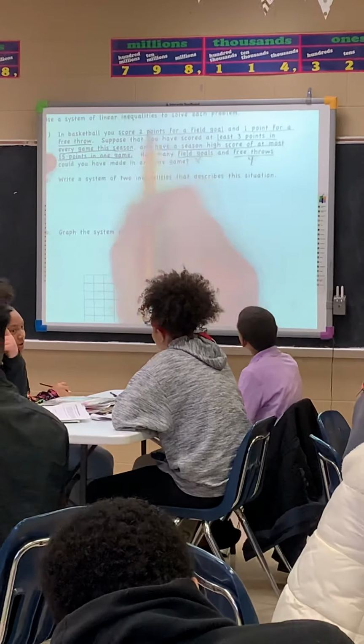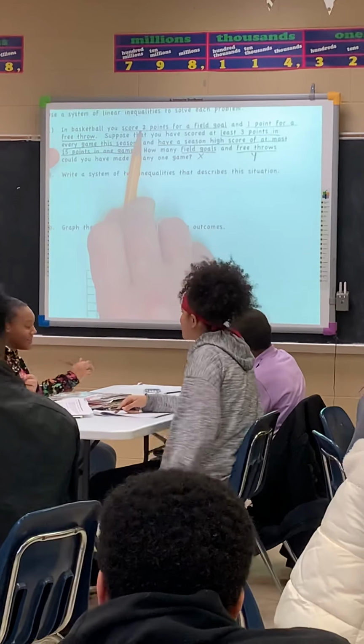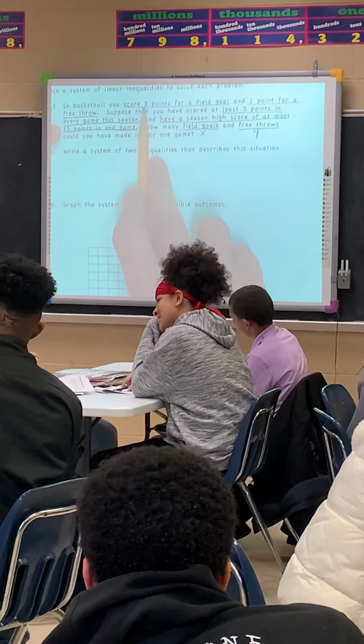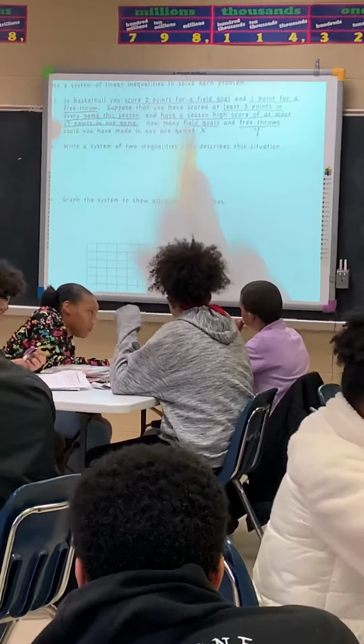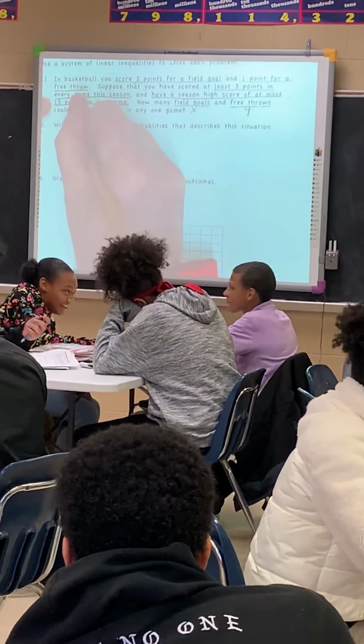Alright, so let's go with knowing the points for the field goals first. We've got 2 points for a field goal, so that would be 2X. Everybody write 2X.